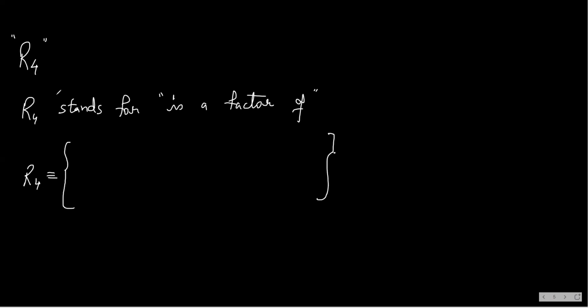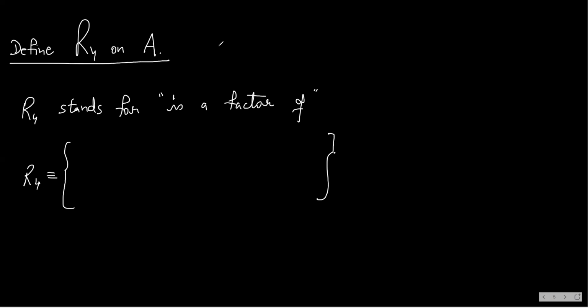Once again, I repeat, you have to define R4 on set A. R4 stands for is a factor of. Now, when you define R4 on A, what does it mean?